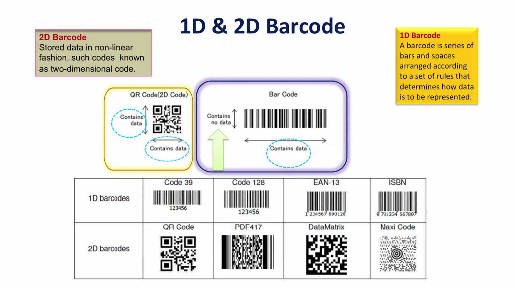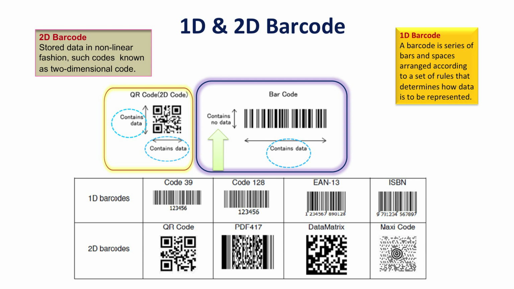So, there is a difference between barcode and QR code. Barcode is a one dimensional code. It is a series of thin and thick lines of a given number, and between the bars there are spaces arranged according to a set of rules that determine how data is to be represented.